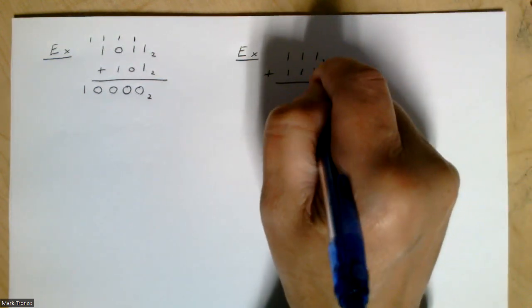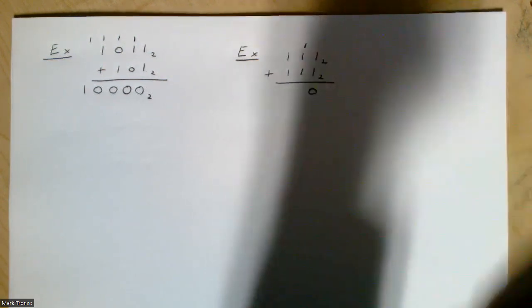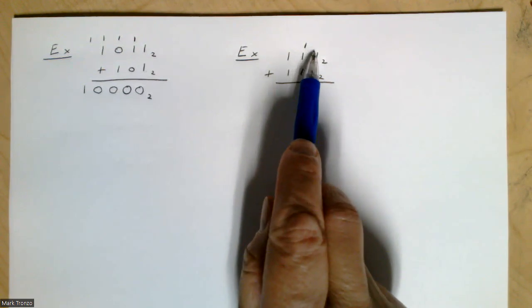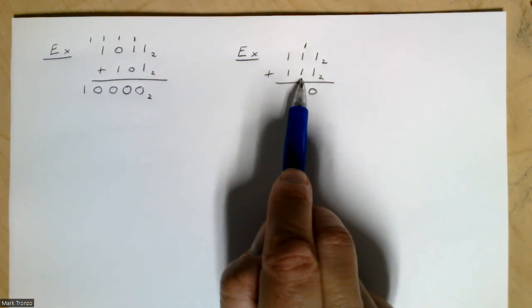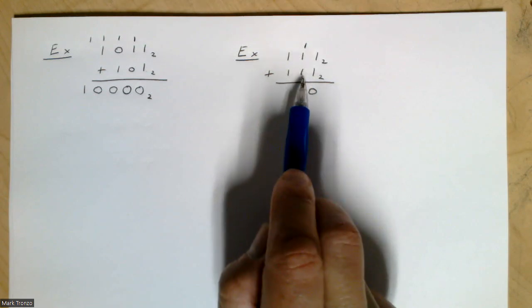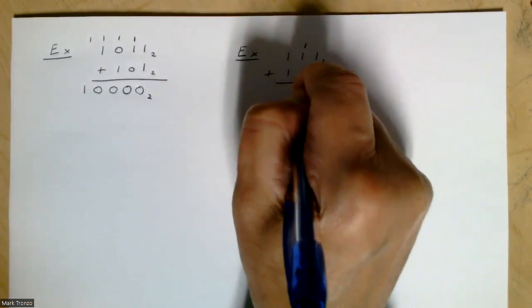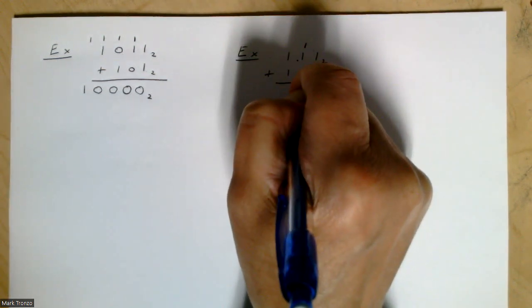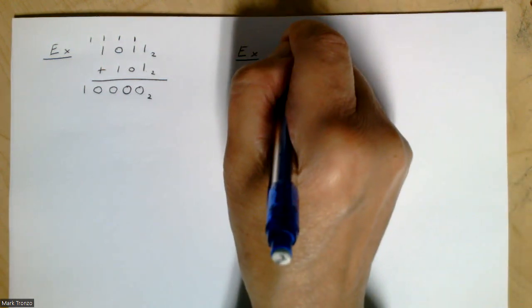So 1 plus 1 is going to give us 2. So it's going to be a 0. Carry the 1. But now notice this time over here, we're going to get 3. So of course, that means we're going to have like a 2 plus 1. So it'll give us a 1 here. And then carry the 1 over here.